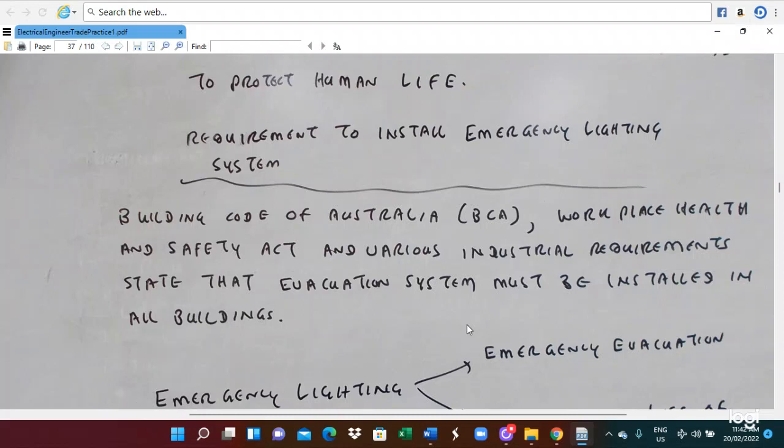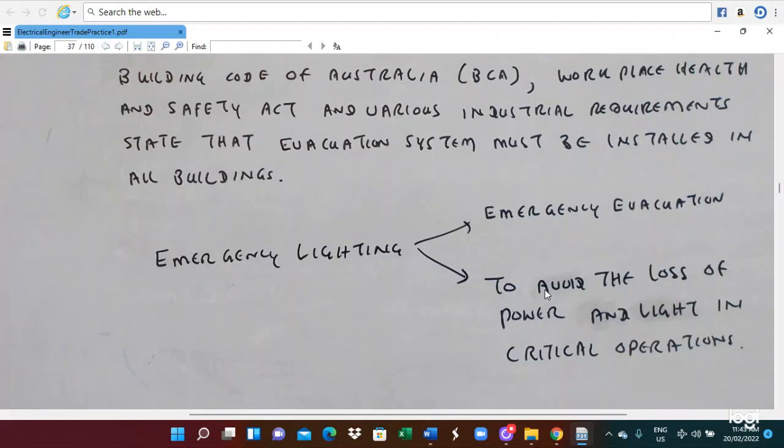The Building Code of Australia (BCA), the Workplace Health and Safety Act, and various industrial requirements state that an evacuation system must be installed in all such buildings. Emergency lighting is provided for emergency evacuation as well as to avoid the loss of power and light in critical operations. So this is the importance of the emergency system.